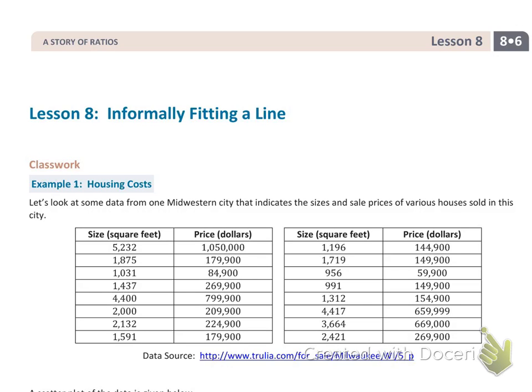I can pick out some small houses here and look at their price, and then pick out some larger houses and look at price. But we can't really tell a lot until we do a little bit more with the data.